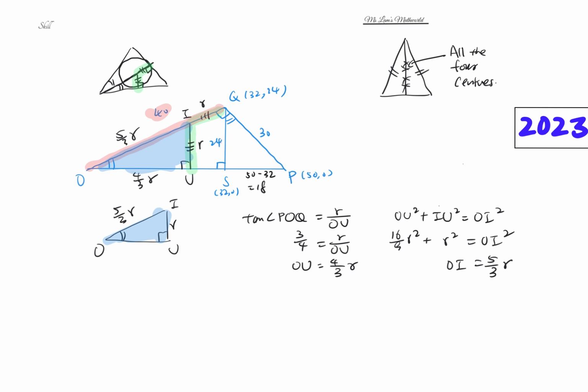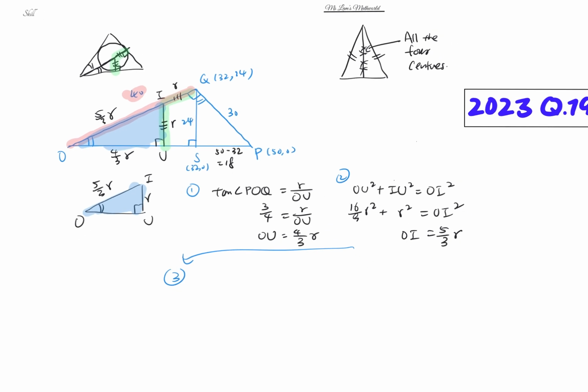Right? So we have completed step 1, step 2. So if I want to find the value of r, our task is to add up the two lengths. OI plus IQ equals OQ. So 40. OI is 5 over 3 r. IQ is r.